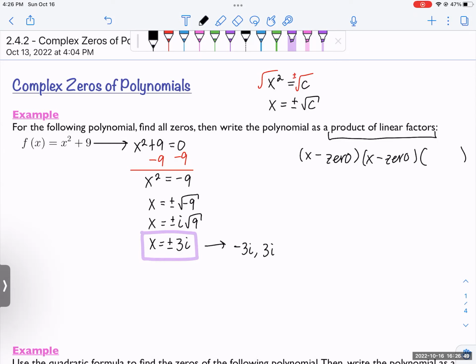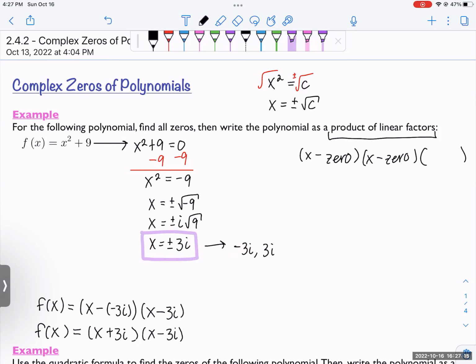Those are our two zeros. That means f of x can be written as x minus -3i and x minus 3i. That gives us x plus 3i times x minus 3i.